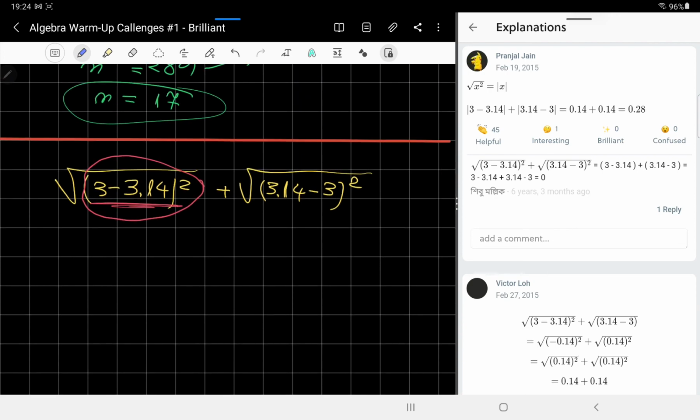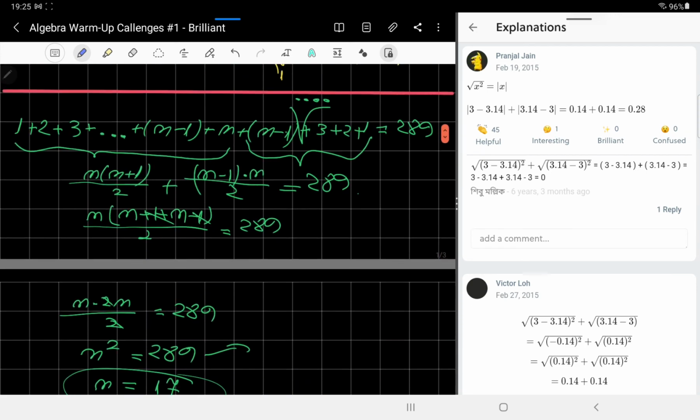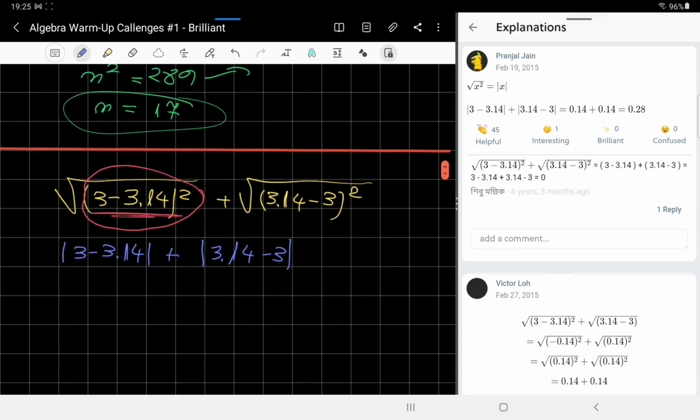So this would be modulo 3 minus 3.14 plus, a little bit disappointed here, 3.14 minus 3. Yeah.